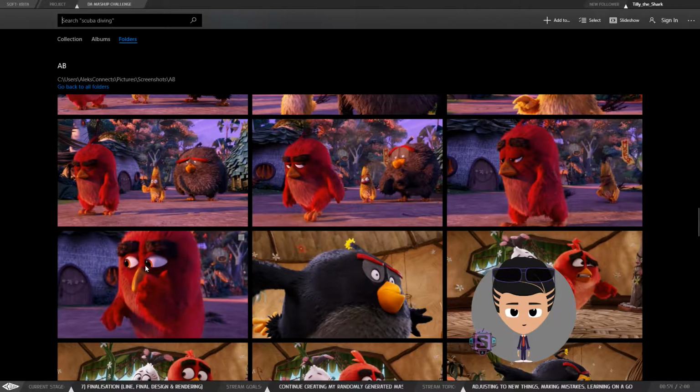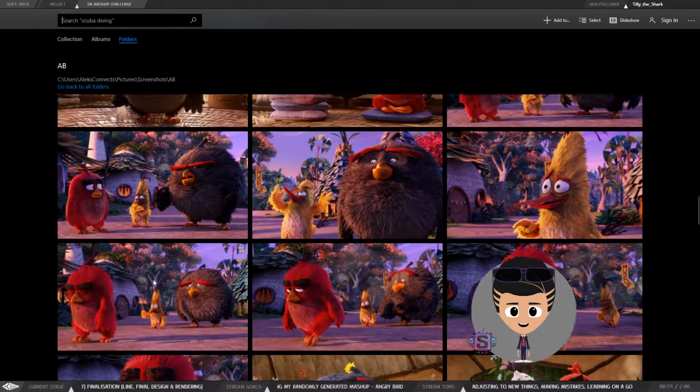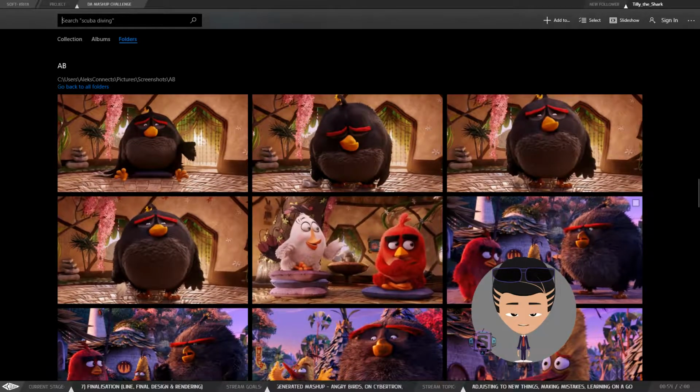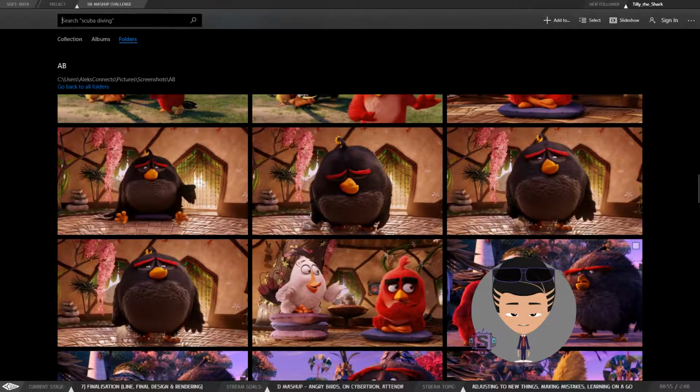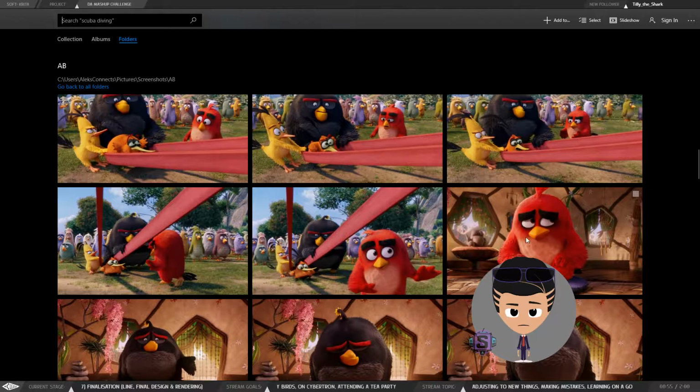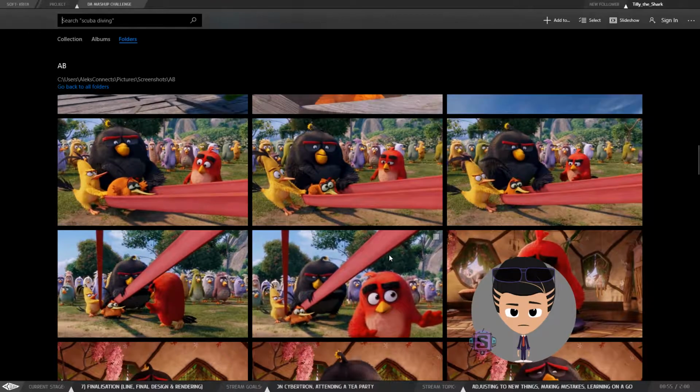So right here, for instance, beak looks awful. And not every expression is going to look good. And not every expressionless face is going to look good.